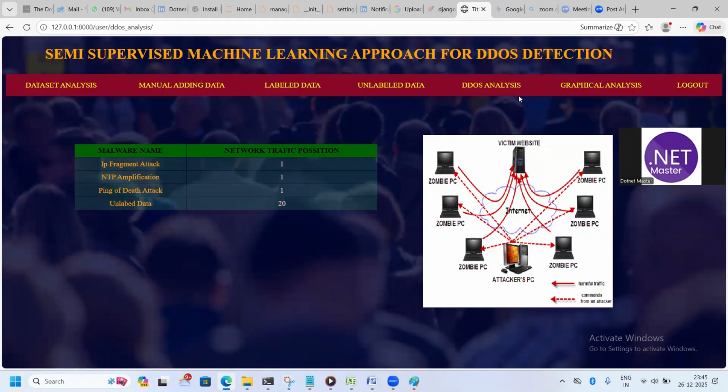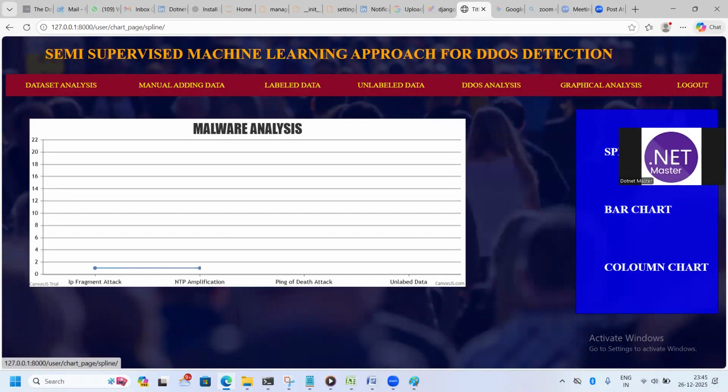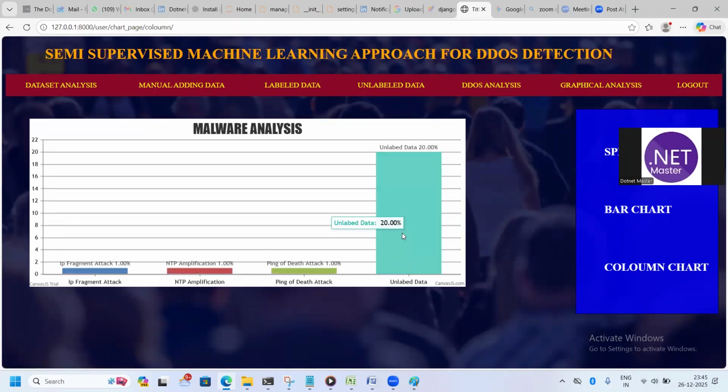Okay. So the next thing is graphical analysis. Here it is going to show you the charts, what kind of IP attacks, all these things are shown. Okay. And the unlabeled data, its different types are also shown. So that's what this application is about.